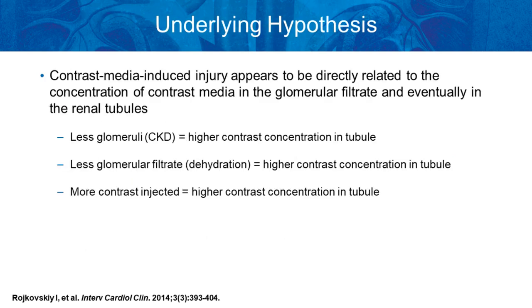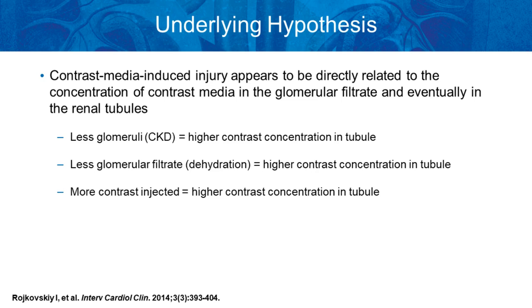Now, I would like you to think through the underlying pathology of why we focus on these aspects. So the underlying hypothesis of contrast-induced kidney injury is very simple. It's almost basic elementary toxicology. So the likelihood of contrast-induced kidney injury is directly proportional to the amount of contrast that reaches your kidney, or specifically through the glomeruli into your renal tubules.